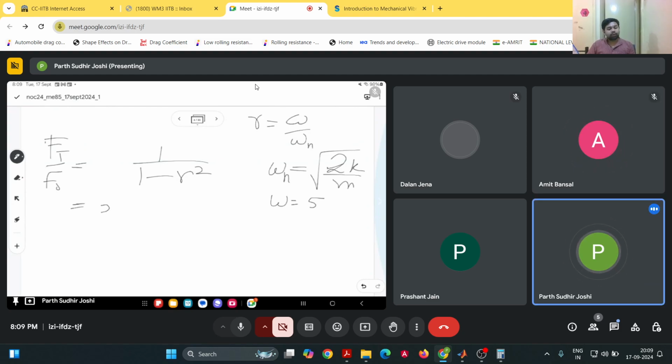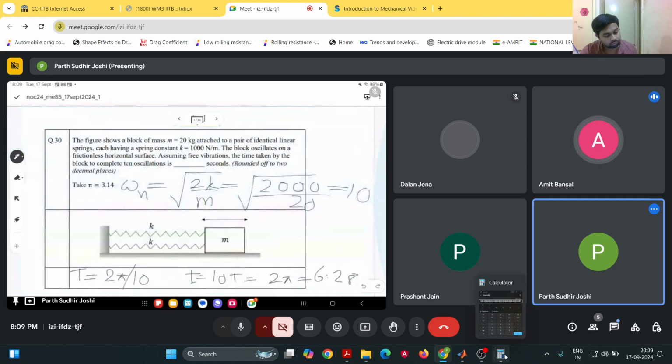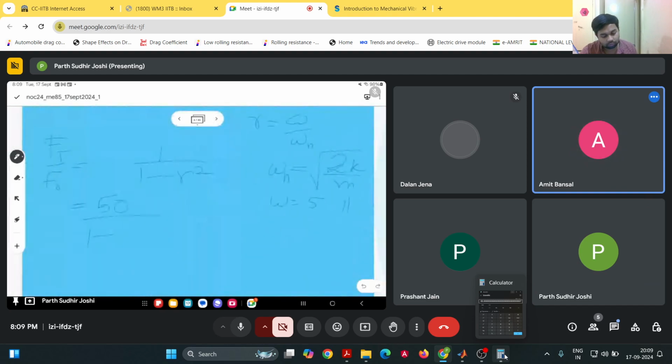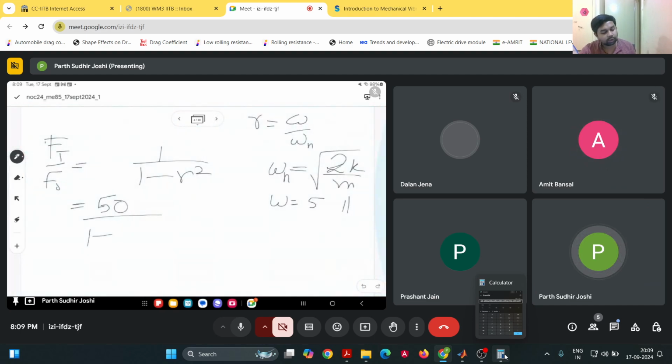So Ft will be 50 by 1 upon 1 minus r square.